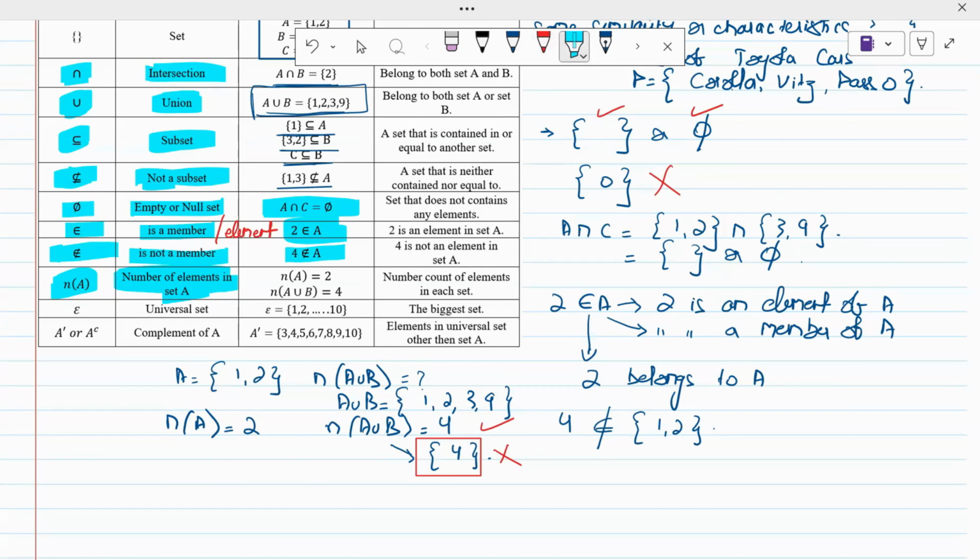The next symbol is the symbol of universal set. Universal set means the bigger picture, the biggest picture. We can say that the Cambridge board is the universal set for the Cambridge examinations. You would have different examination centers, like examination centers in Pakistan, in India, in Saudi, in Dubai.